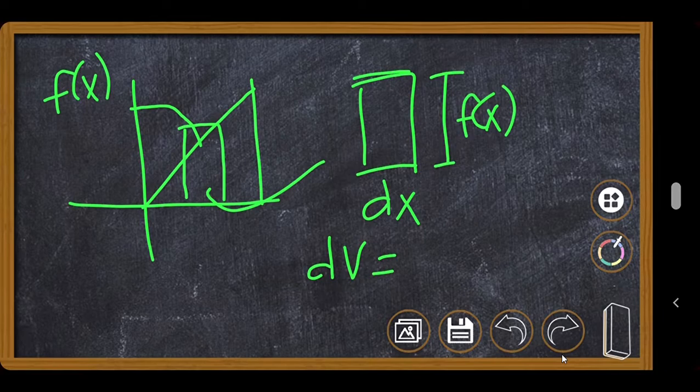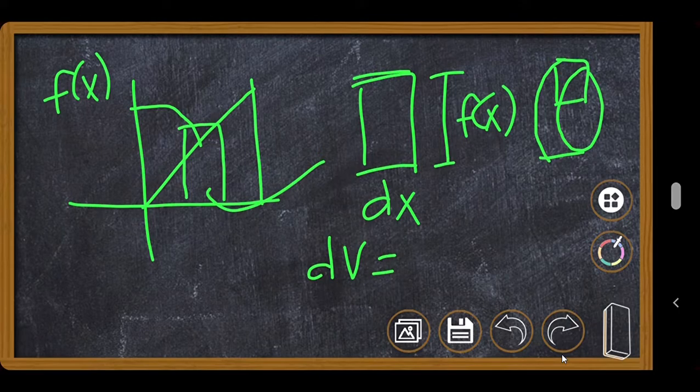When this small rectangle is revolved around an axis, we can create a disk like this one, with radius of f of x and with height of dx.